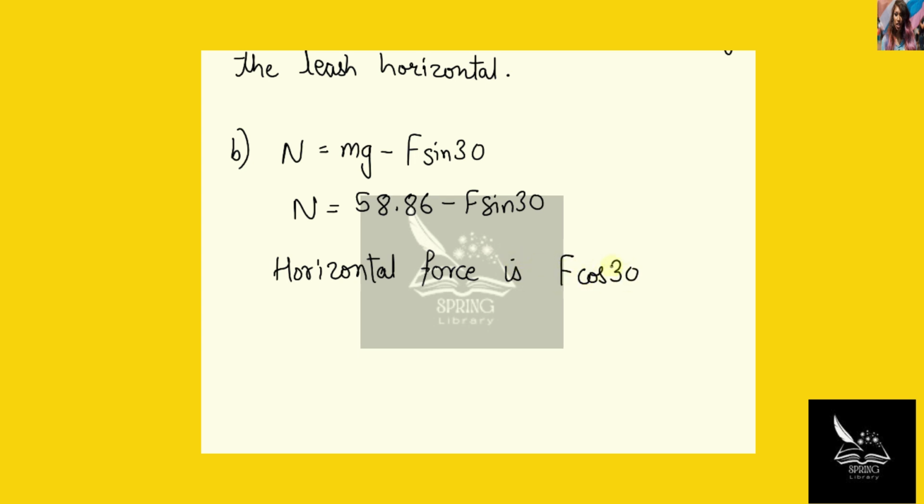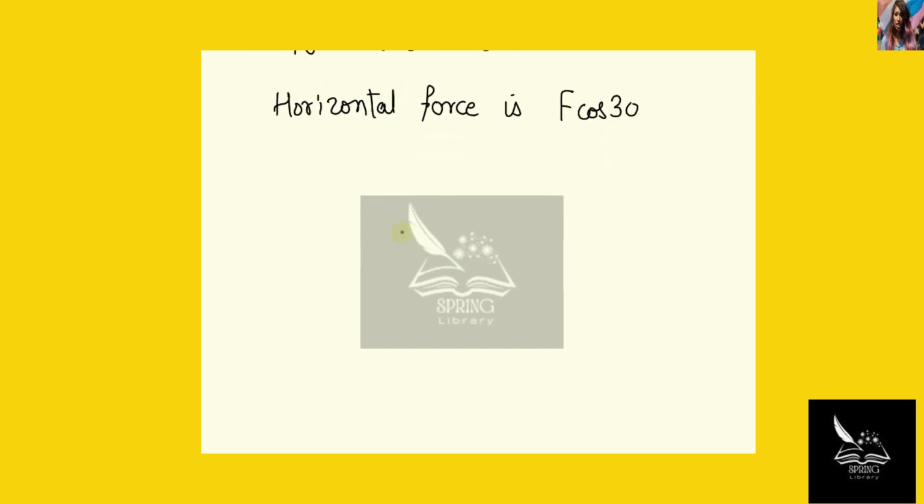Now since we want the minimum force, the net force acting in the horizontal should be equal to 0. So F cos 30 will be equal to the friction force. This is the force applied in the forward direction, and then there will be a backward force, that is the friction force.